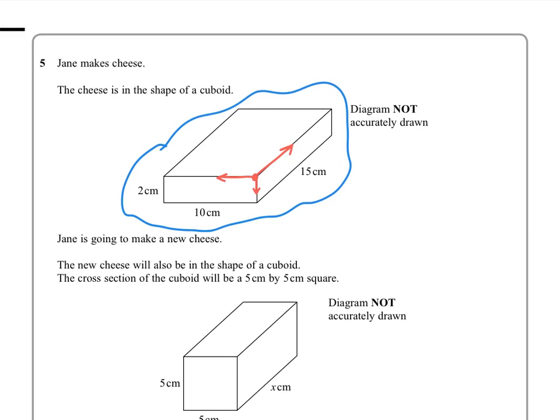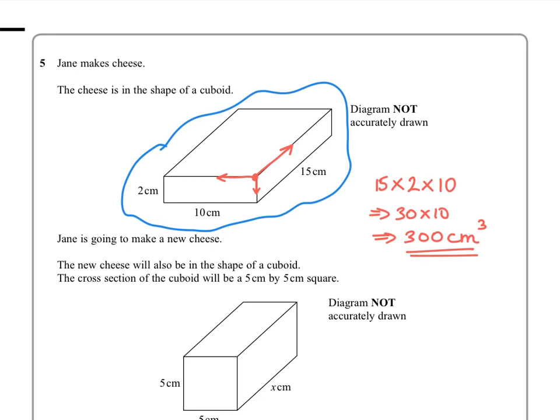So I have 15 by 2 by 10. If I multiply those, that will give me the volume. So I'll have 30 times 10, which is 300 centimetre cubes.